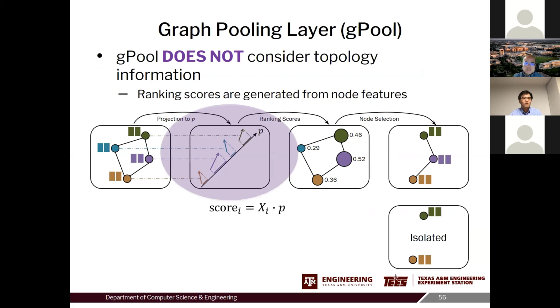One problem with this method is that it may produce isolated nodes. For example, if we do a ranking, we might skip this node in the next step, and then these 2 nodes here will be isolated.